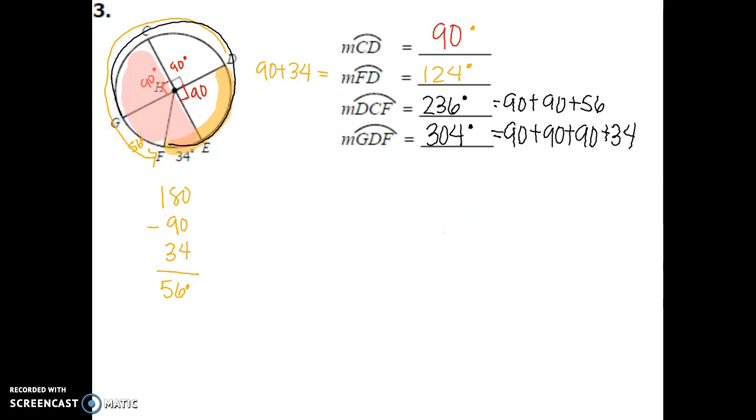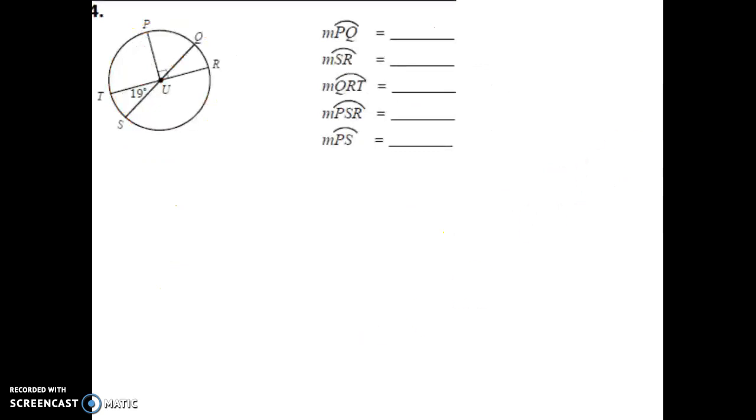Let's look at number 4. So number 4, you're going to do on your own. And I'm going to give you a little hint. We see vertical angles here. But I also see a 90-degree angle right here.